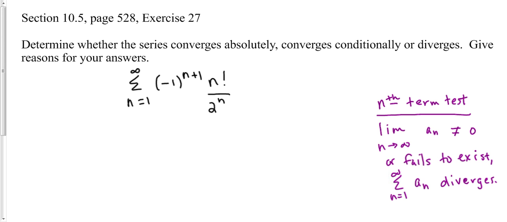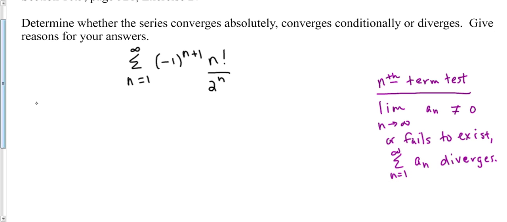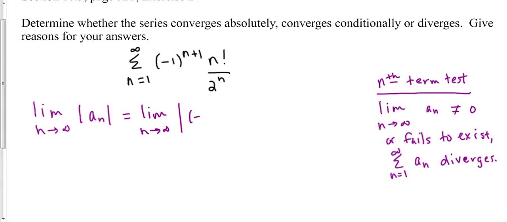Now, if I start by testing for absolute convergence, then when I apply my nth term test, I'm going to take the absolute value of my nth term. So I'm going to start with the limit as n goes to infinity of the absolute value of a_n. Substituting in for a_n, I have the limit as n goes to infinity of the absolute value of negative 1 to the n plus 1 times n factorial over 2 to the n.